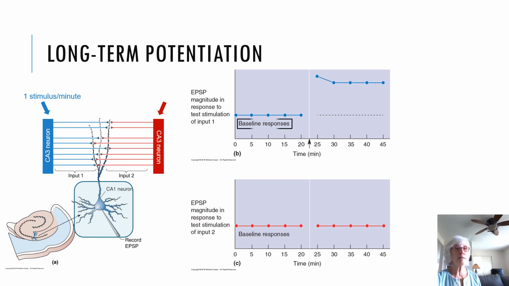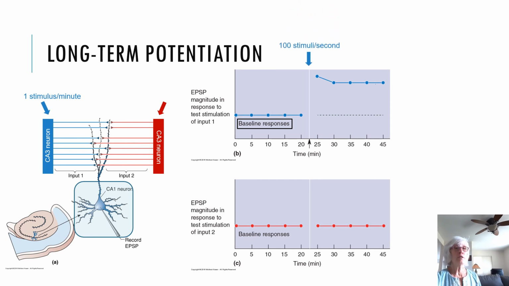So we're going to get this baseline response, and this baseline is every time we give an electric stimulus through the blue input 1 CA3 neuron, we're going to get some level of EPSP that we're going to say is 1, and that is our baseline.